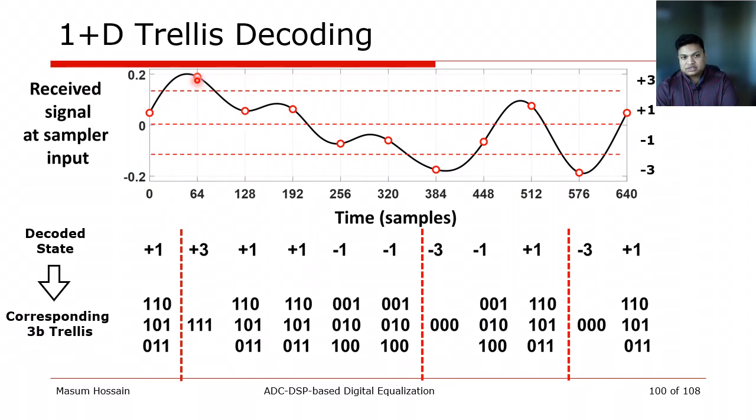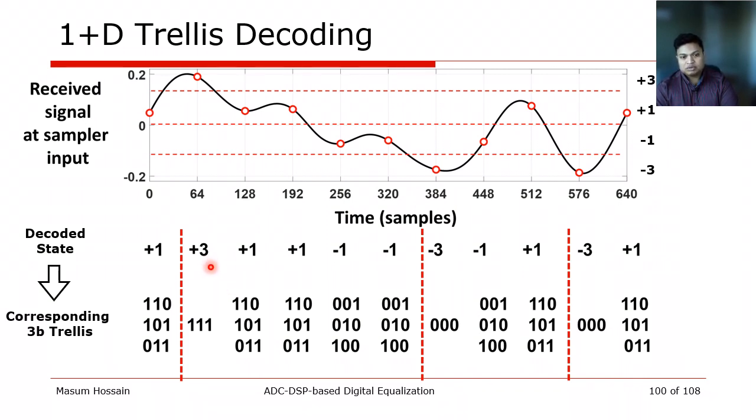Now each received sample is first decoded back to the levels +1 to -3 based on these 3 thresholds. Notice that the benefit of 1+D encoding is that it starts and ends with a fixed trellis. Therefore, my trellis length L can be significantly reduced.